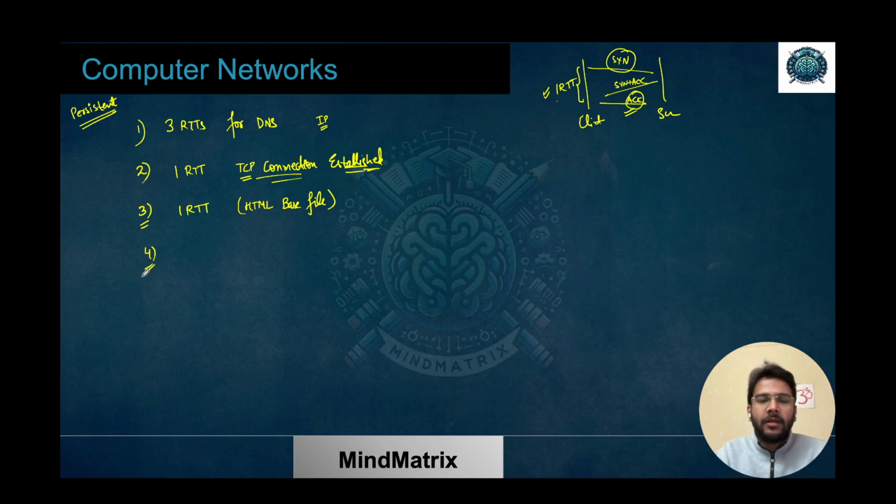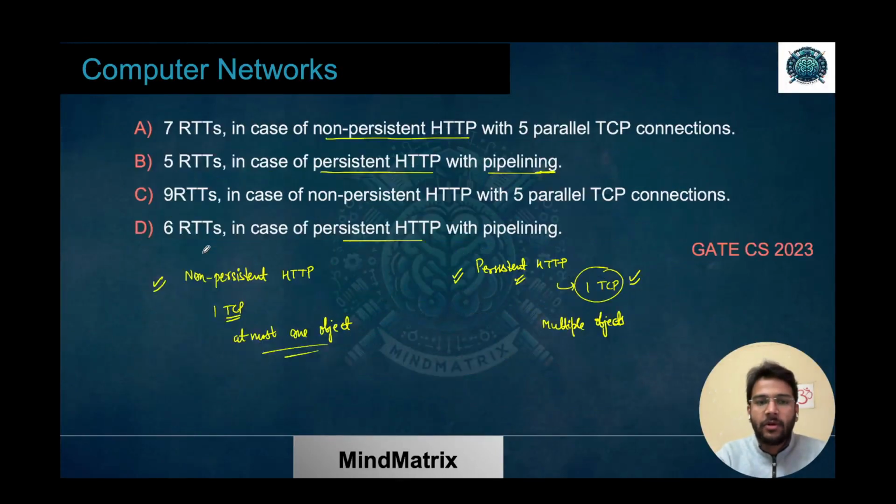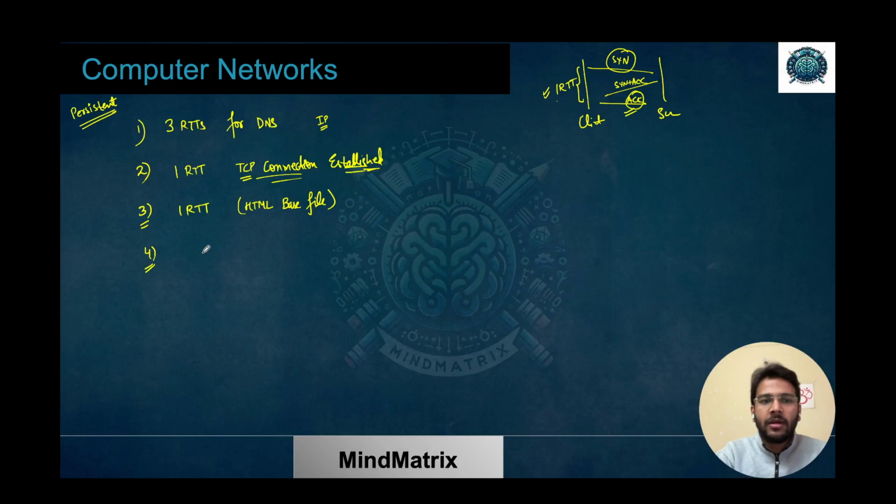And then what about the objects? This HTML base file references 10 equally small objects, and you are going to get those from the server. So finally one RTT is needed to get those objects. A request will be transferred to the server, and then you are going to get the response, that means all the 10 objects you will be getting, because it is a persistent connection.